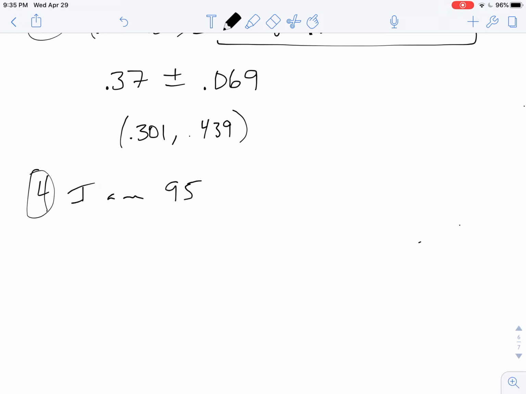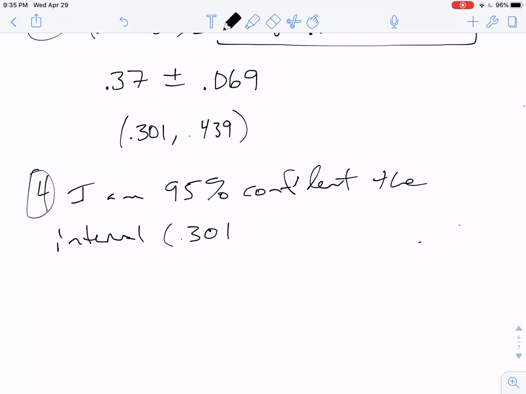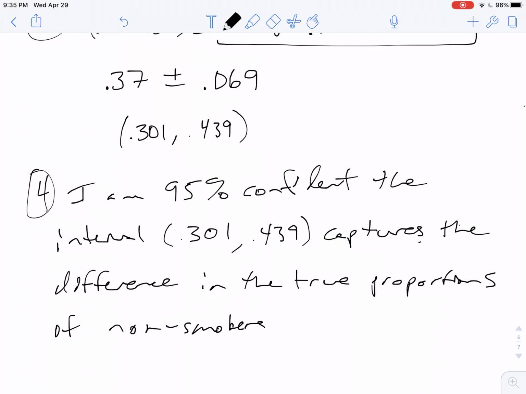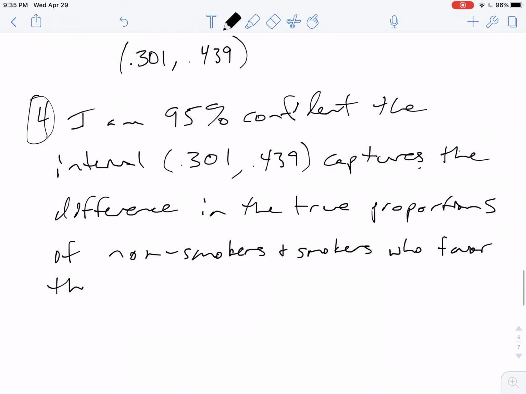I am 95% confident the interval 0.301 to 0.439 captures the difference in the true proportions of non-smokers and smokers who favor the tax increase.